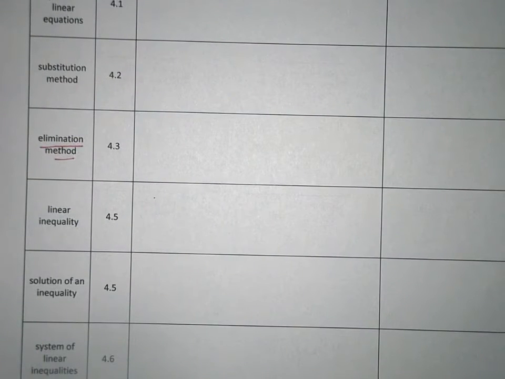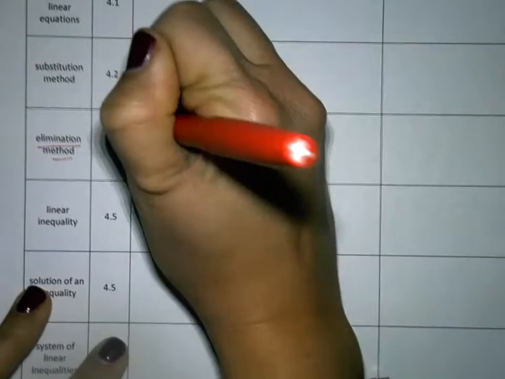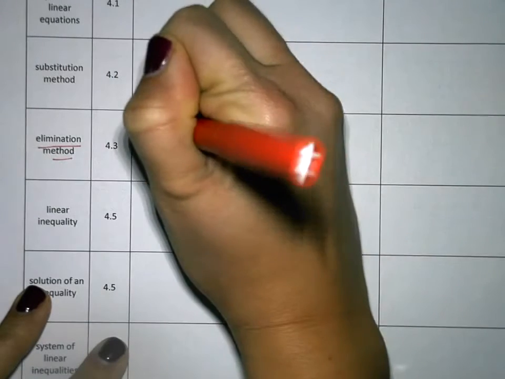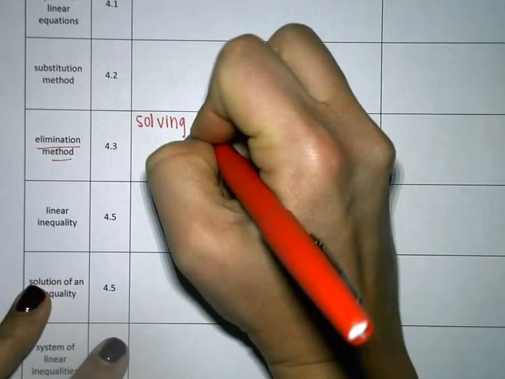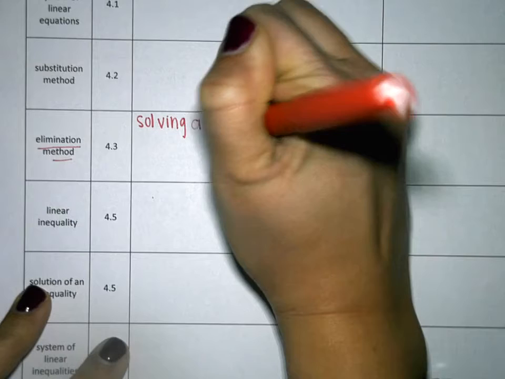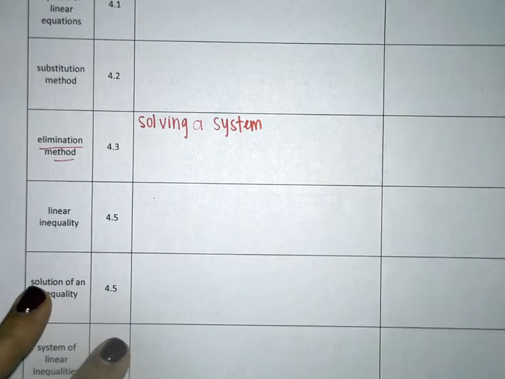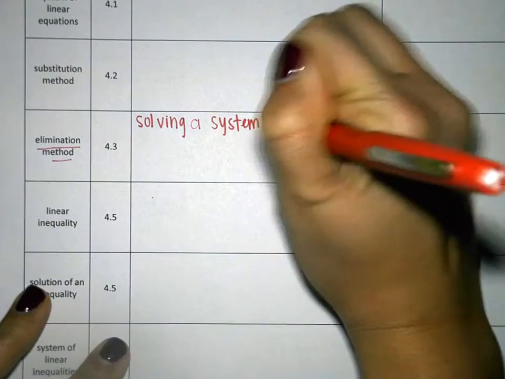And the elimination method of solving a system is when you solve a system by eliminating one of the variables.